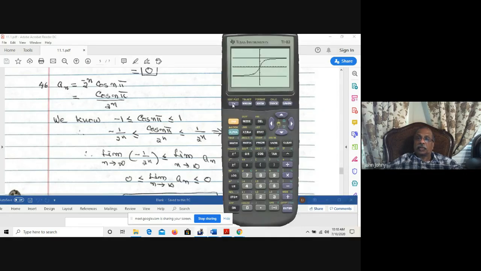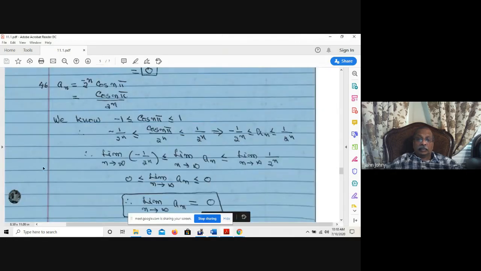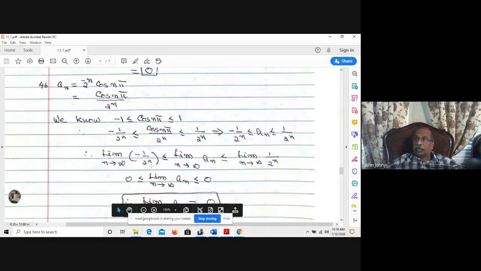You know how the graph looks like. b to the power of x, that is 2 to the power of x. y is equal to 2 to the power of x. See the graph. It is going to infinity. So that means limit of 2 to the power of infinity is infinity.